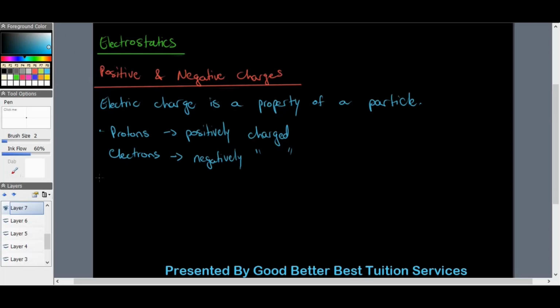If we ask the question, what's the difference between a proton and an electron, the answer is almost nothing. Numerically, they have the same value, or they can have the same value.